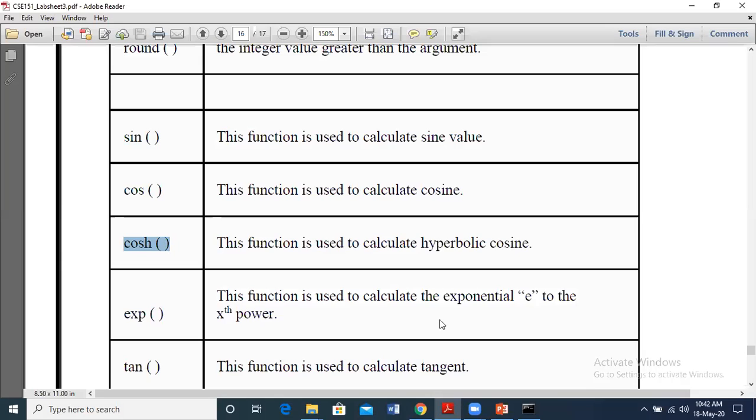Only a few of them are taken here. Similarly, we have definitions for tan, cot, secant, and all the hyperbolic functions also. All are not mentioned in this table, but they are defined in math.h.